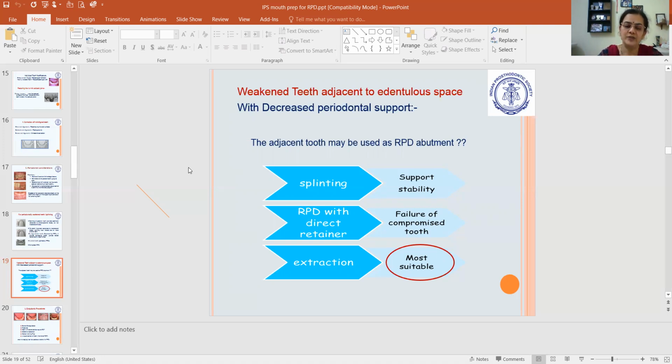There are multiple options: splinting, which may provide some support and stability, or a direct retainer can be given on that tooth, but that is not advisable because of the risk of failure. Mainly, the best way is to extract the weakened tooth, which may have grade 2 or grade 3 mobility. So this will be a suitable option.